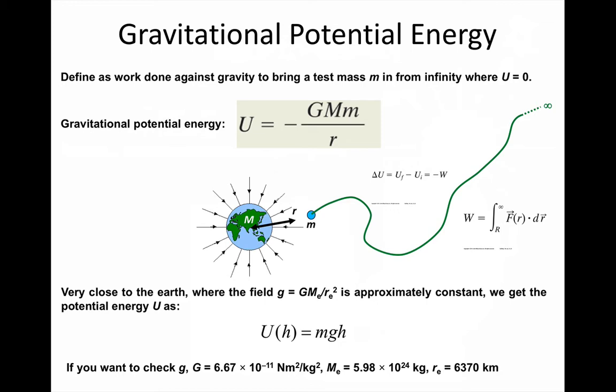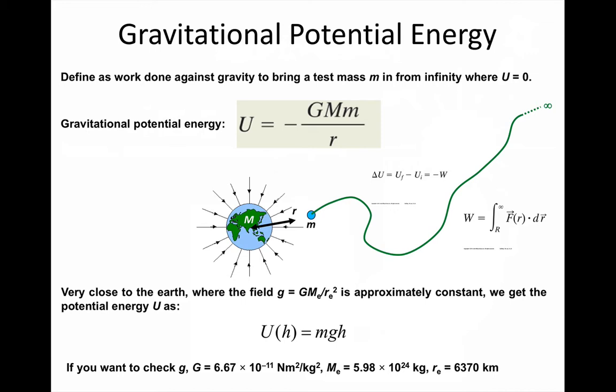Notice that all you need to work out the change in potential energy is the starting and ending points. It doesn't matter what path was taken to get from one to the other. Now, when you look at the energy equation, you see that it is given here by U, which is potential energy, equals mgh. The mass is related to the particle itself, and the g and h are spatial quantities, because acceleration due to gravity depends on where you are in space, and h is the height it has risen in space.